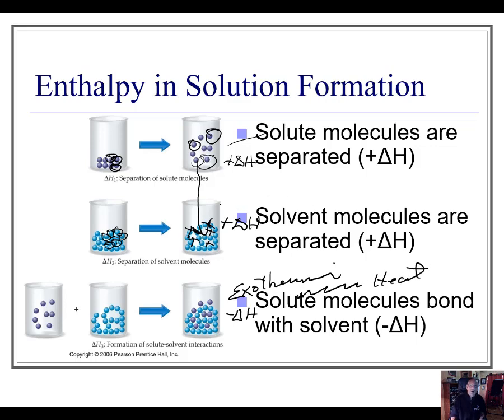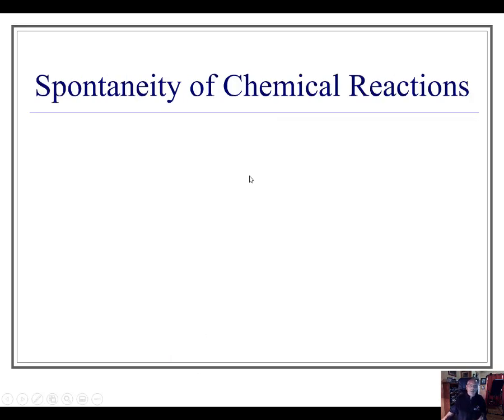And here, you're having to add heat or energy to make this work. In this case, heat is being released, and that's because you're forming new bonds. Breaking bonds requires energy, and forming bonds releases energy. That's why stuff happens. That's why molecules form, because energy gets released. You're going down the energy hill.